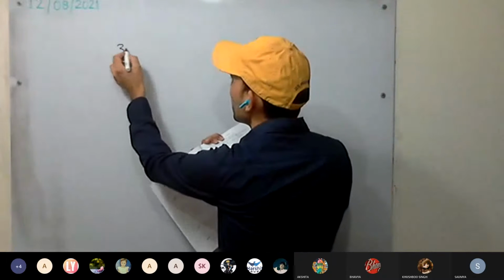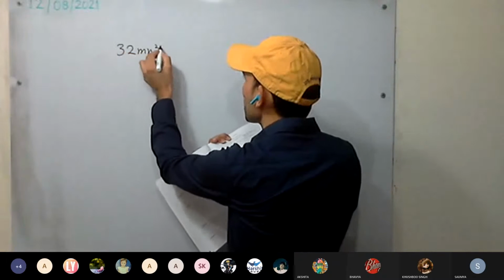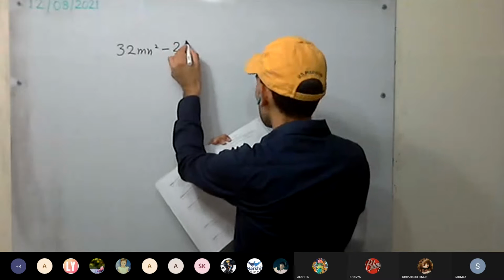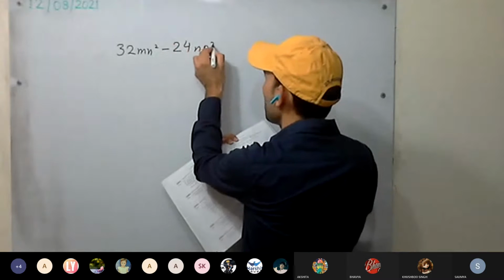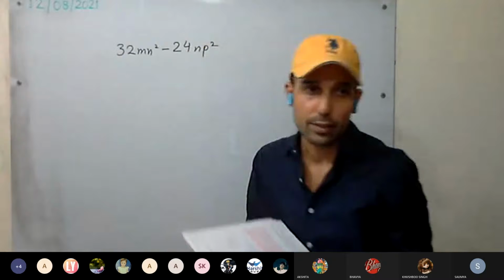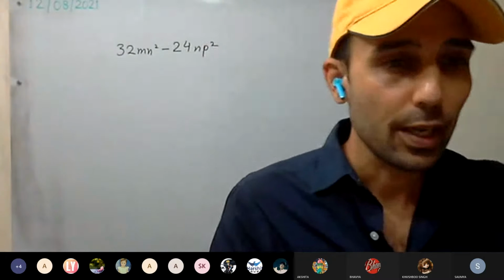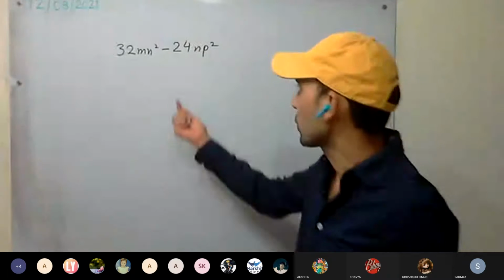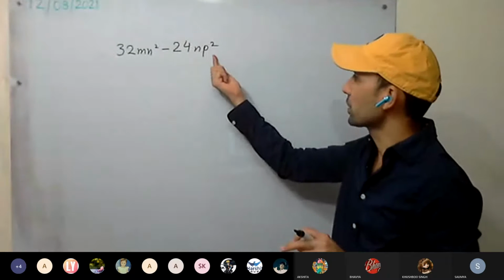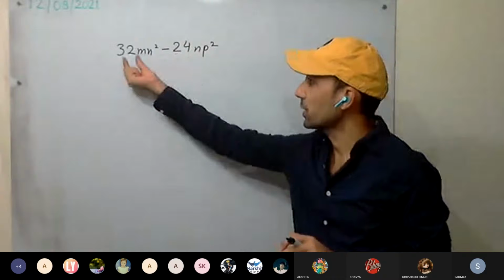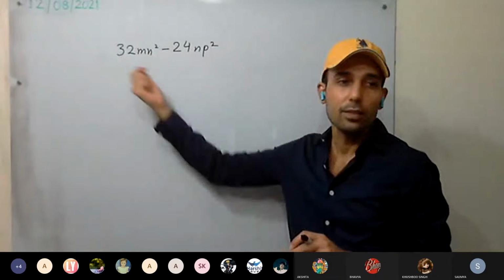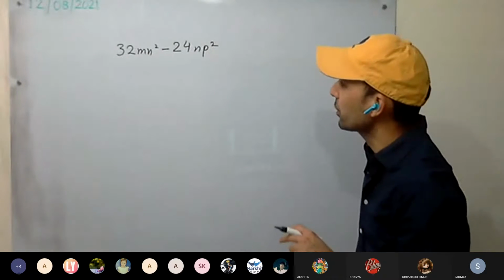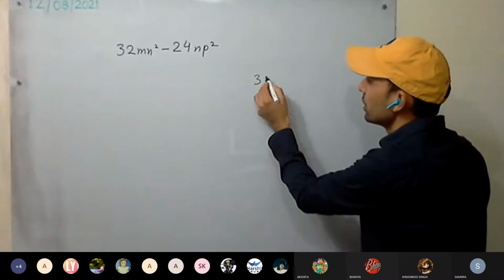32mn square minus 24np square. Let me ask Abhinav, you answer this one. First among the constants, the numbers, you have to take the common out. What will be the common between 32 and 24?